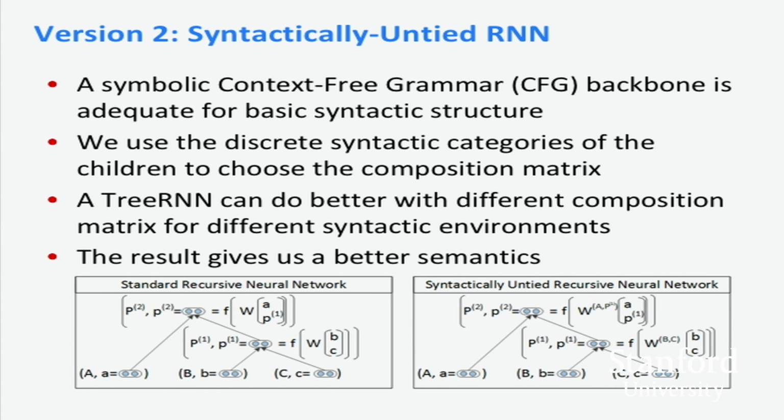And essentially what this model did was argue that there's a reasonable separation that can be made between syntax and semantics in the following sense, that there's a basic syntactic structure of languages.